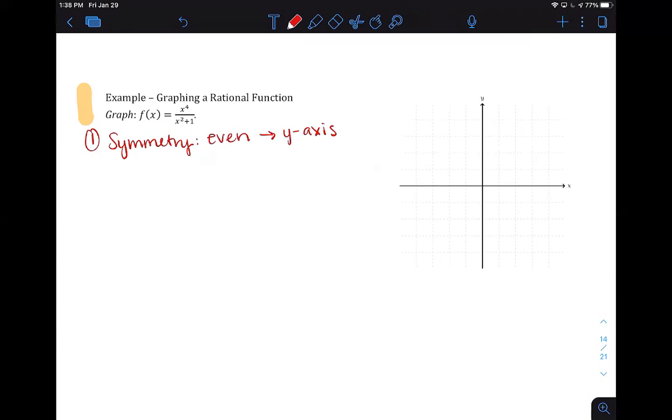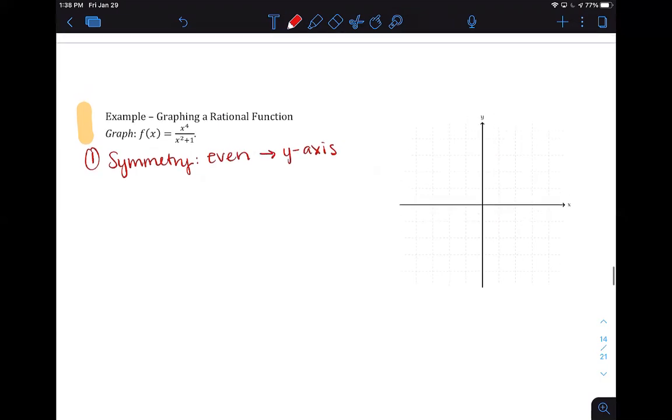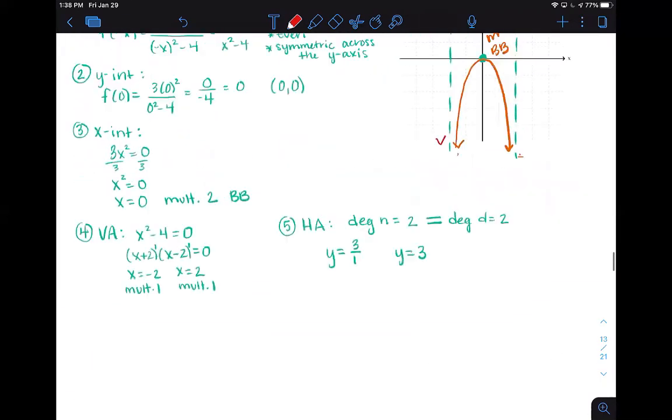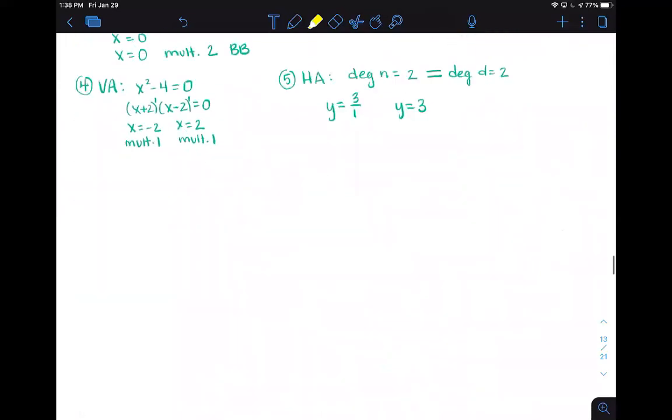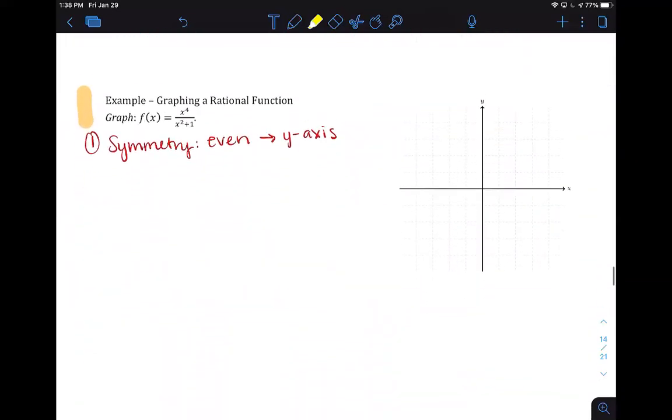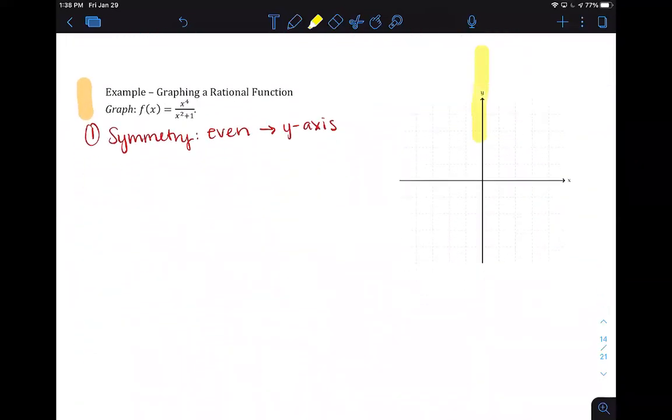And actually, since I just brought up y-axis symmetry, I'm going to slide this back up. If you look at this graph, we're symmetric across that y-axis. So that's another reason why you have 3. And since I just drew that, I'm going to go ahead and draw that again over here.